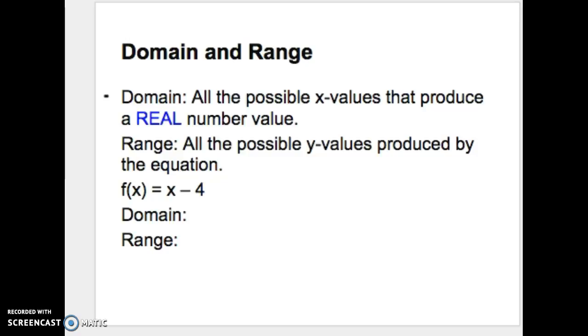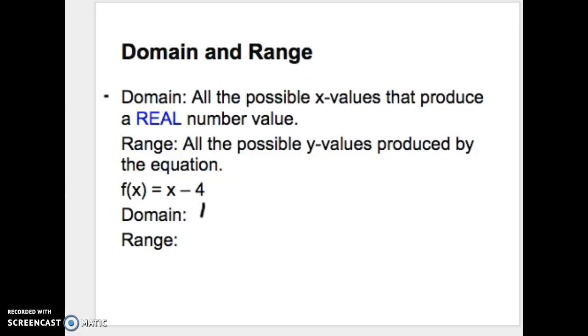For the range, we're taking a look at the other side of that. We're looking at the possible y values produced by the equation. So for instance, in our function we just graphed, x minus 4. Think about the x values you could plug in. You could plug in a fraction, a negative, a radical.